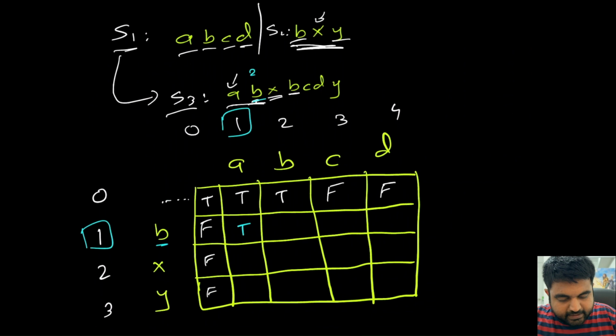Now we are comparing once again this particular cell. For this cell, the value should be 2 plus 1, so we will need to compare the third value. The third value is X over here, and over here both values are B and B, so this value needs to be false.